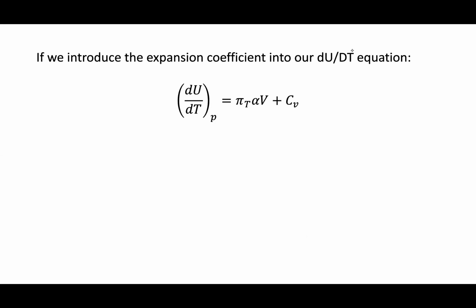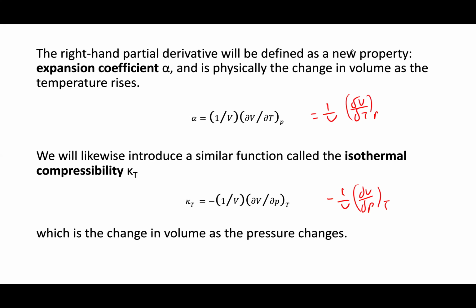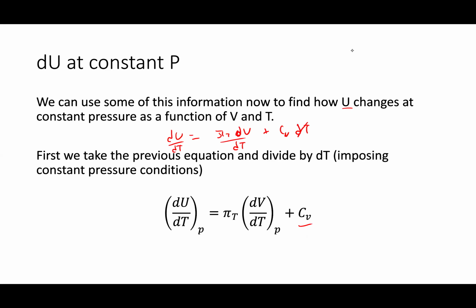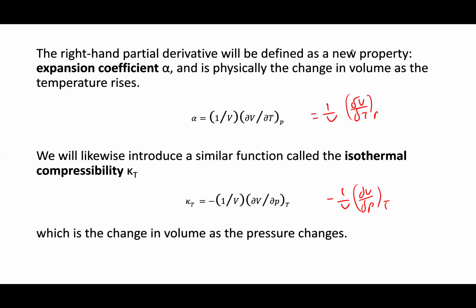Now, if we introduce the expansion coefficient into our dU/dT equation, this expansion coefficient is 1 over V times dV over dT at constant pressure. If we put that in for dV over dT at constant pressure, we have to include the 1 over V too.